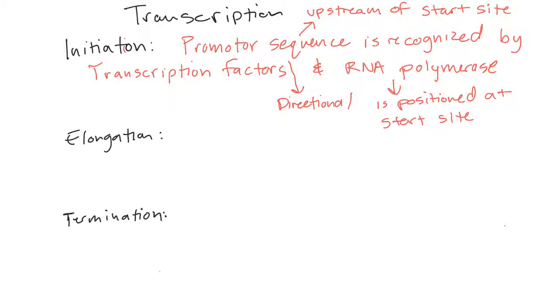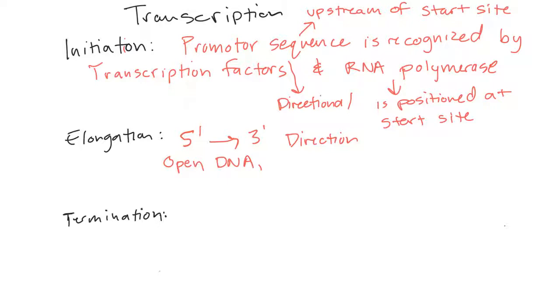So elongation then is the adding of nucleotides. And it happens in the 5' to 3' direction. And what has to happen first is RNA polymerase has to open the DNA. Okay, so what bonds does it have to break in order to open the DNA or separate the strands?